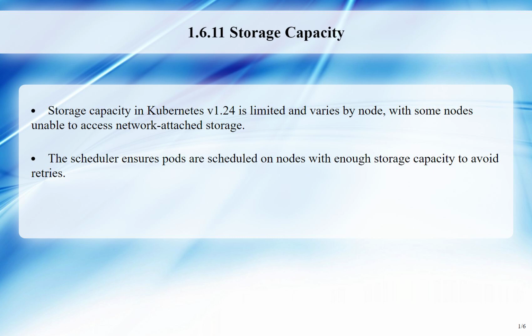Without storage capacity tracking, the scheduler may select a node without sufficient capacity, leading to multiple scheduling retries. This feature ensures efficient use of storage resources by matching pods with nodes that can provide the necessary storage capacity.